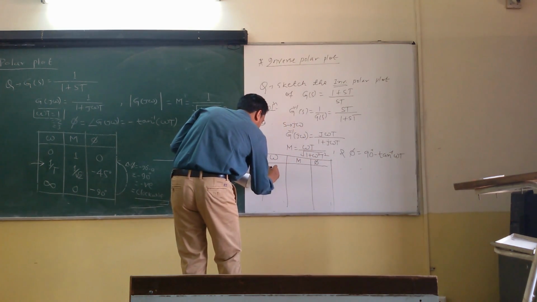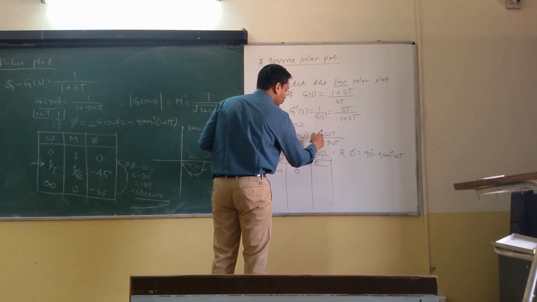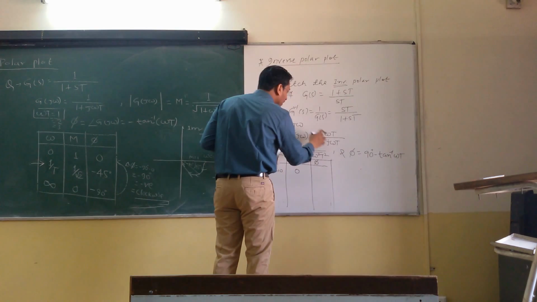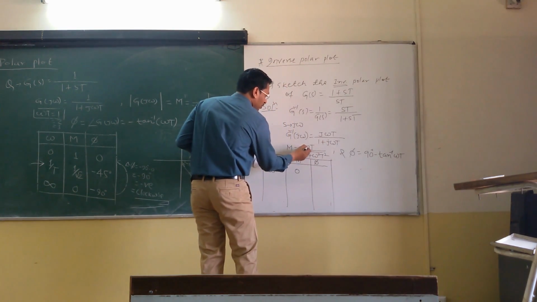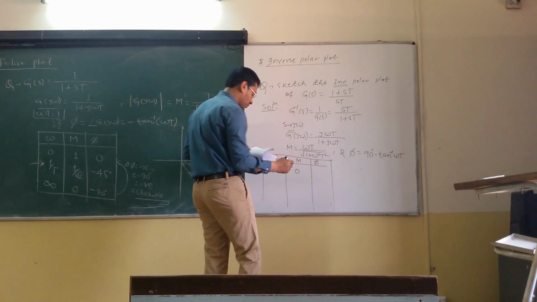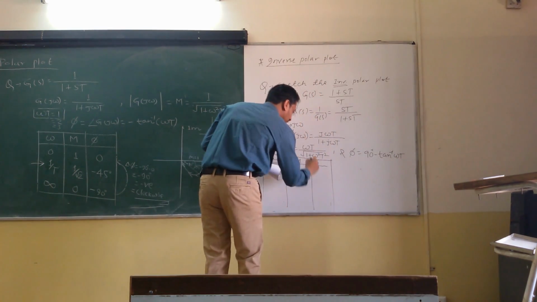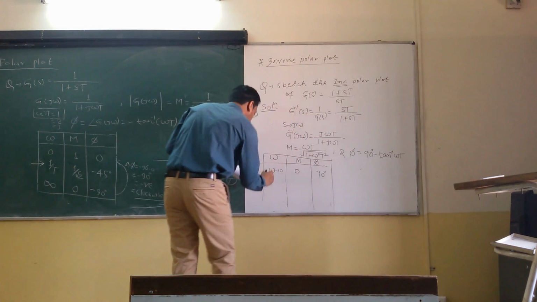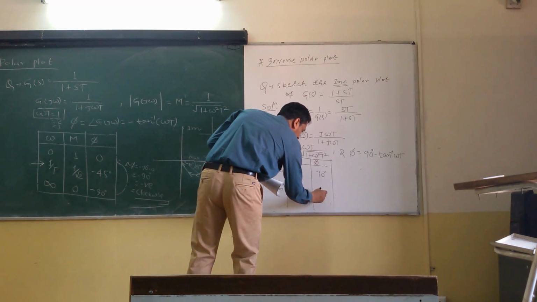When omega tends to 0, you will get 0 as the magnitude, because 0 divided by 1 is 0, and the angle is 90 degrees, since tan inverse 0 is 0. Correct? When omega tends to infinity, the magnitude is 1 and the angle is 0.